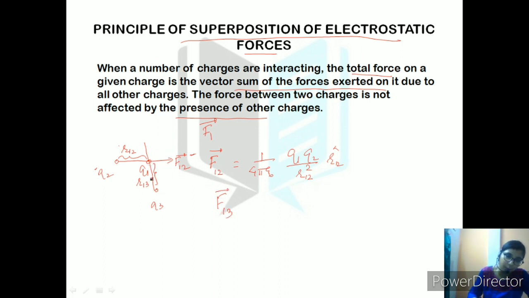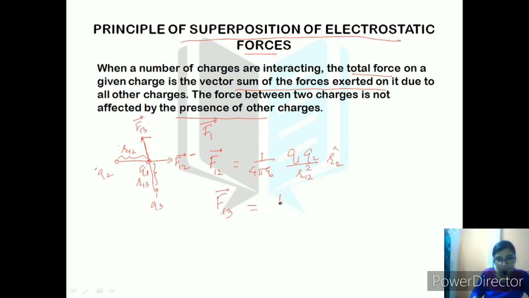Here these two are positive again, so Q1 will be repelled away from Q3. That means it will experience a force away in this direction. So this is the direction of the force F13, the force on 1 due to 3.